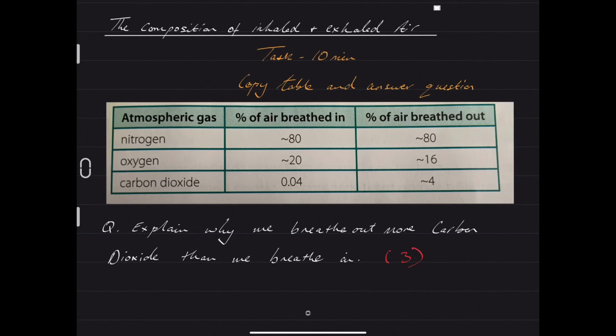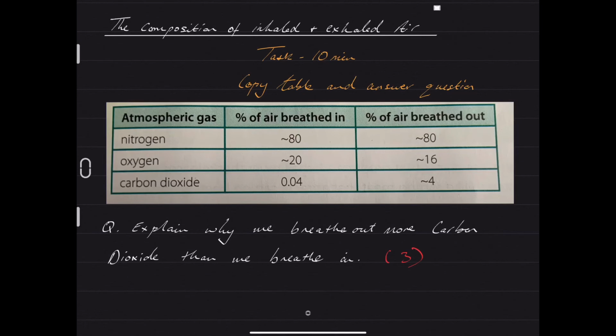So I do not want just a one-word answer. I want a constructed answer to why we have more carbon dioxide percentage breathed out compared to the percentage of carbon dioxide breathed in. Why do we have this significantly more? When you look at the difference from 0.04 to 4%, that's a huge jump, because even if you take a look at the other percentages for oxygen, there is a reduction, but it's not a huge reduction.